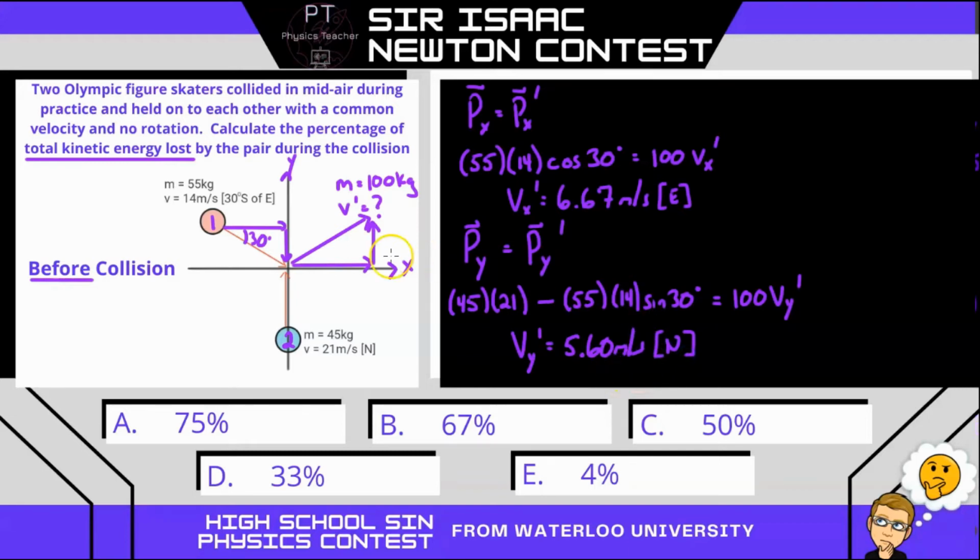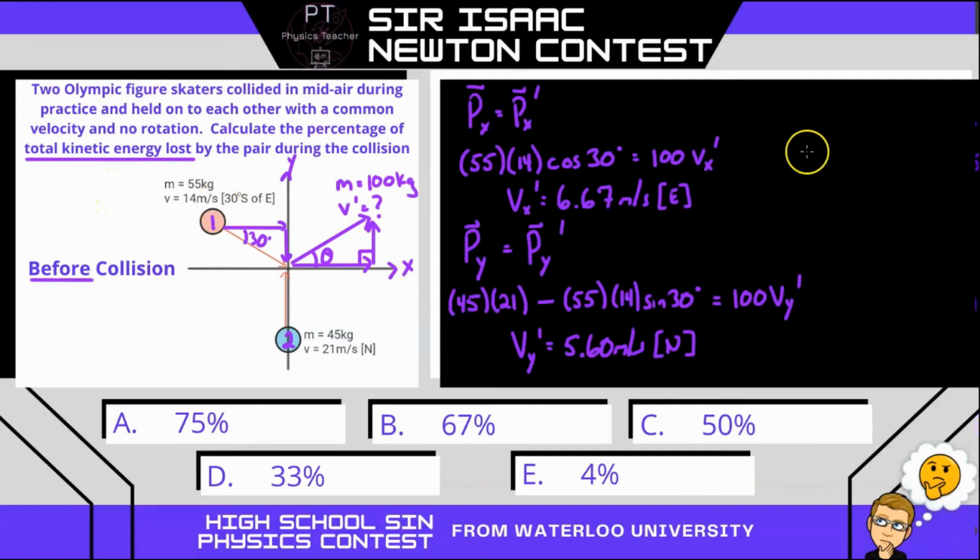Now that we know what these components are, and we know it's a right angle triangle, we can use the Pythagorean theorem to solve for v prime. You can also solve for the angle, but in this question we don't need to, because energy is a scalar quantity, and so we don't need to know the direction to figure out the total kinetic energy loss.